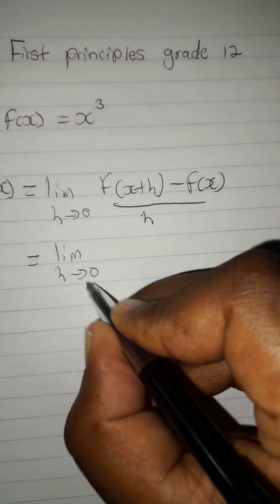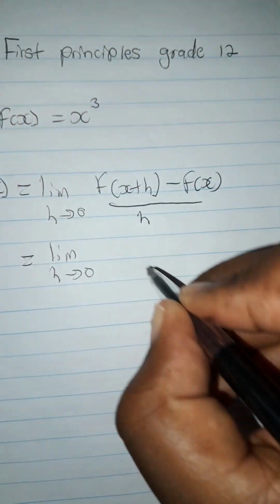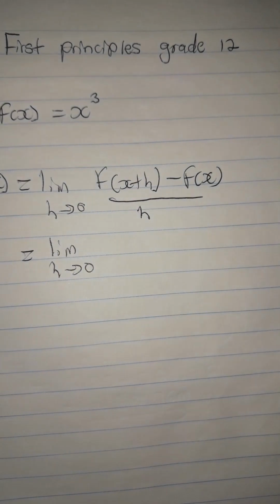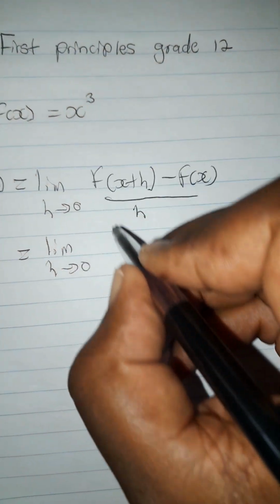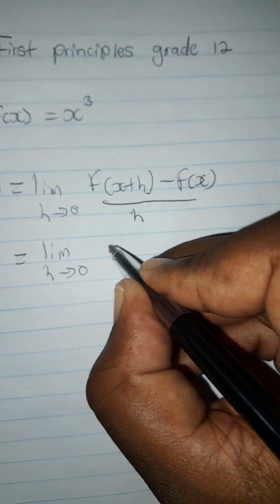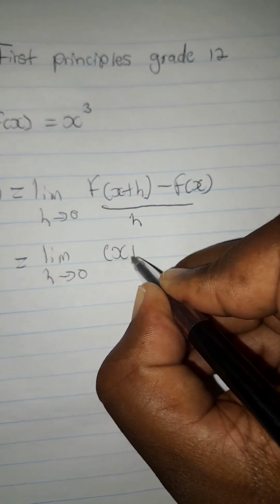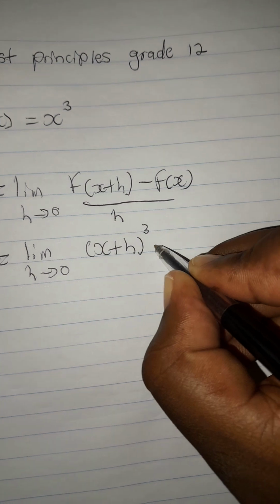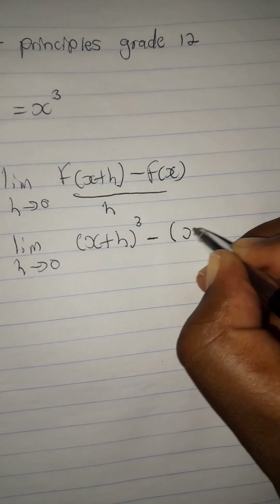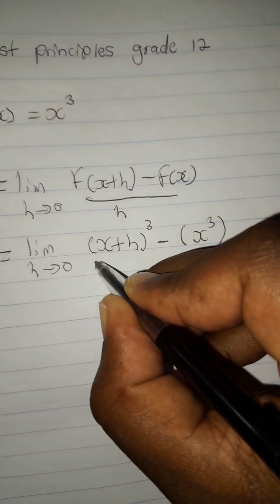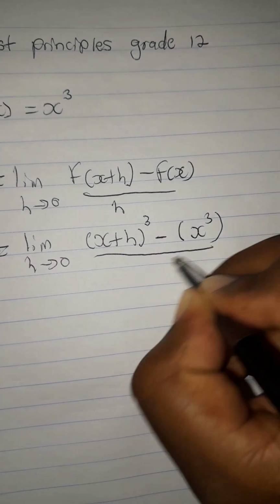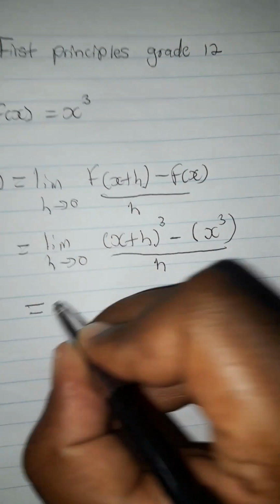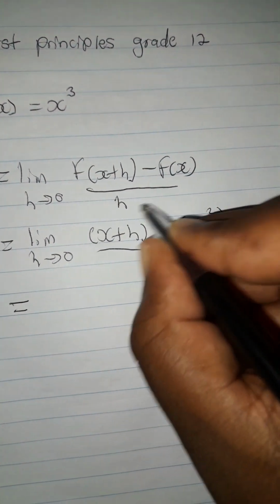Note that you don't put 0 while we are still substituting. We'll put 0 on our last step. Let's substitute, meaning that where there is x, we replace it by x plus h. So this will be x plus h, cubed, minus the given function, which is x cubed, divided by h. First things first, guys, we need to simplify this.